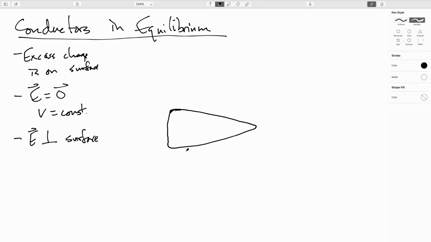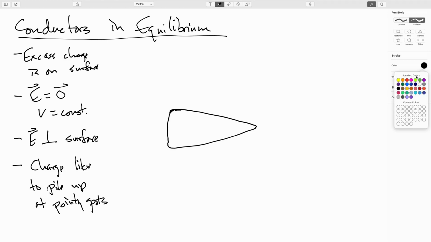So this leaves us with the one thing that I'd been promising but hadn't had a chance really to show yet. And this is that the surface charge likes to pile up at pointy spots. And so we can now start to reason why that is.